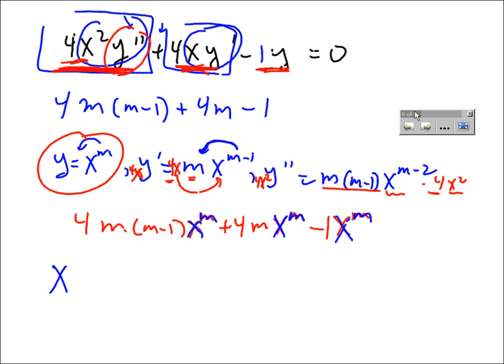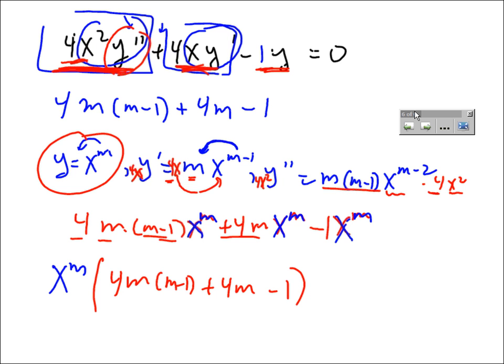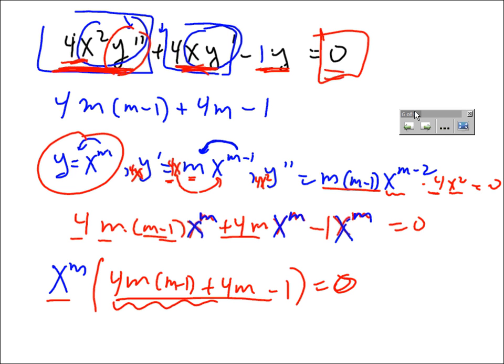I can factor out x to the m, and what's left goes in the brackets: 4m brackets m minus 1, close the bracket, plus 4m minus 1. And just like always, it equals 0, because it started off equaling 0. So this times that is 0, which means this is 0.